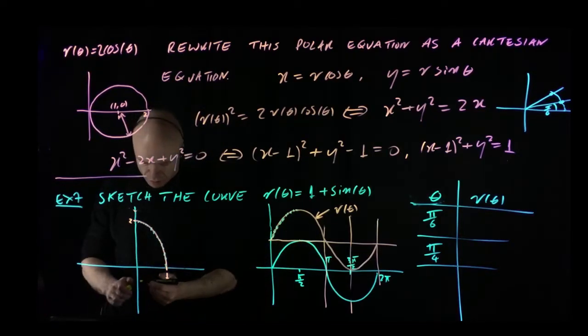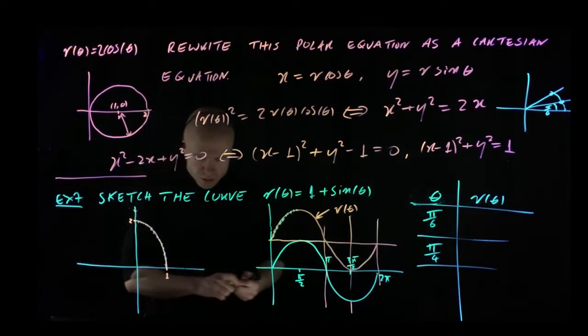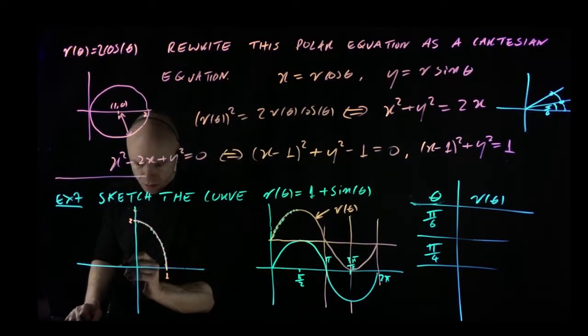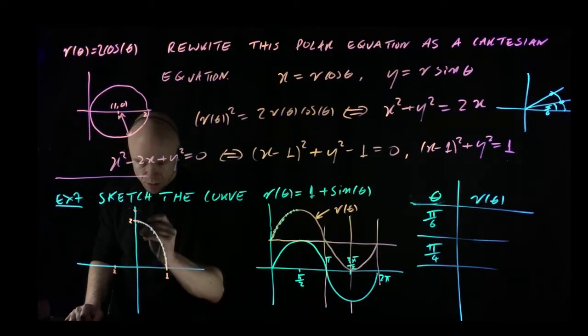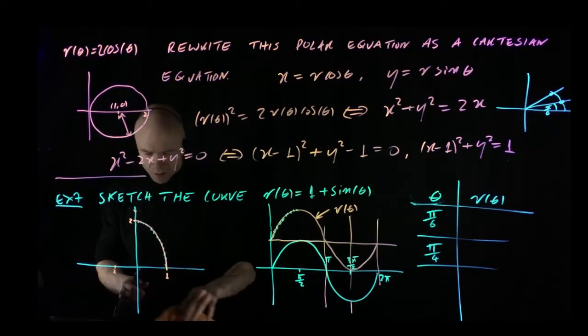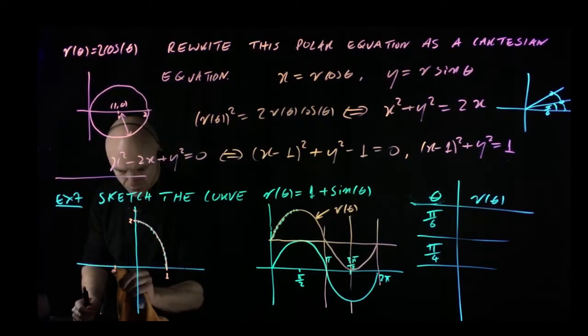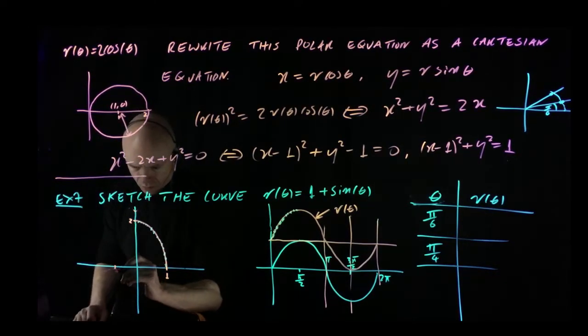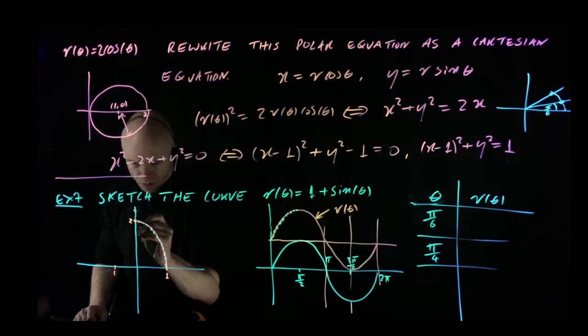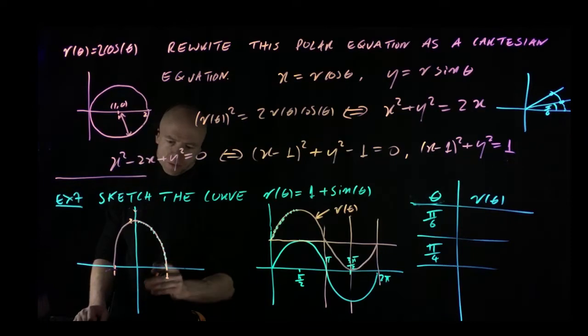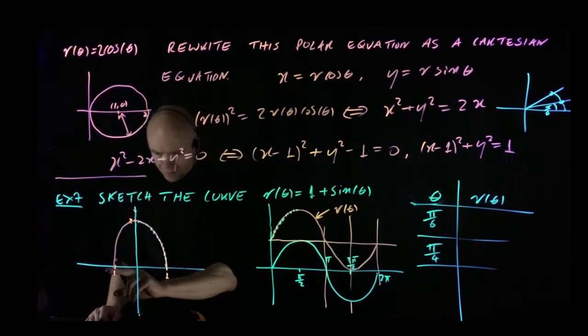So this is, here is 1. And as we do this, I said 1 and I wrote 2. This is 1. As we do this, we're going to go down, down, down, down, down, and we're going to end up here. Should be symmetrical, but not quite.